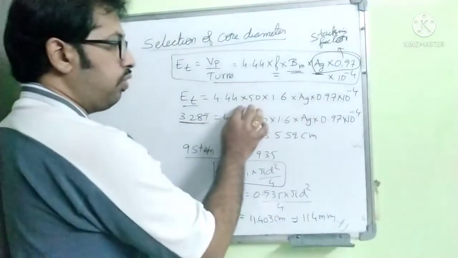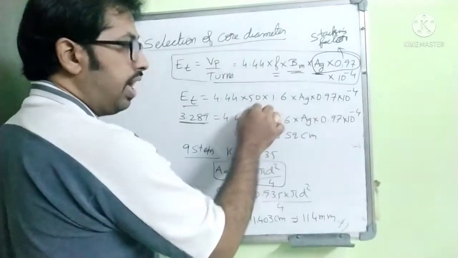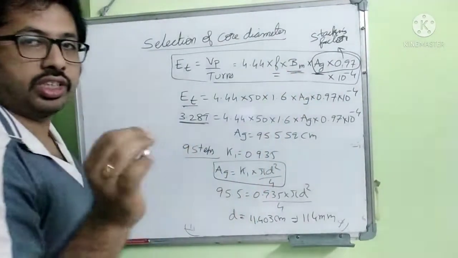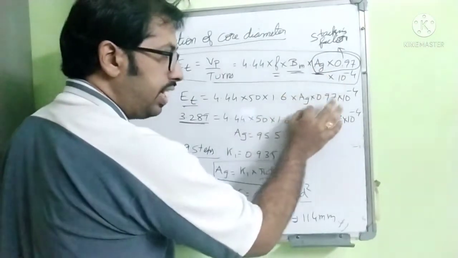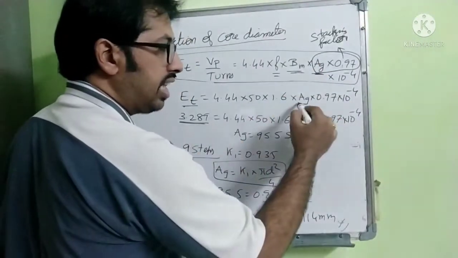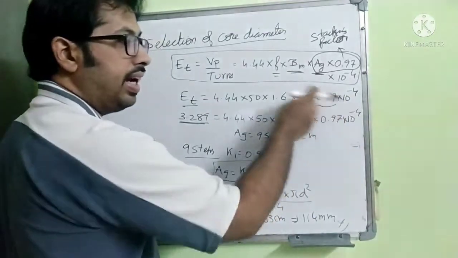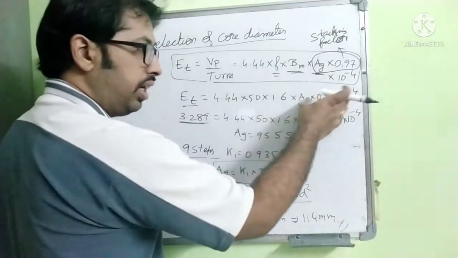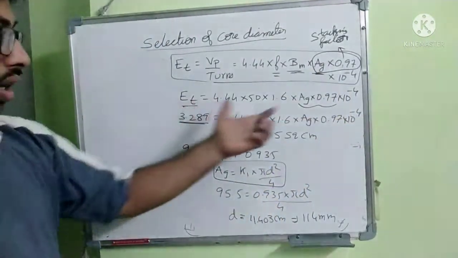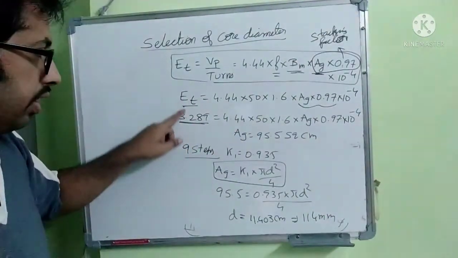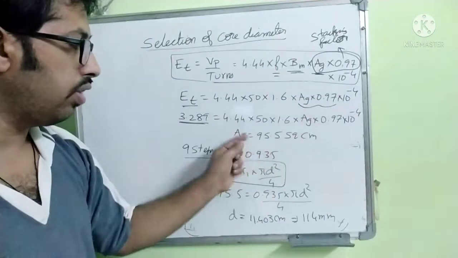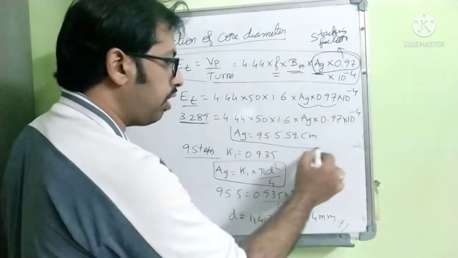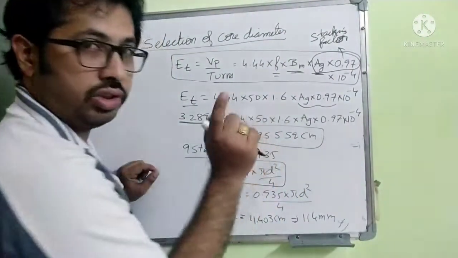So EMF per turn = 4.44 × frequency, which is 50 Hertz, × maximum flux density, which according to the specification is 1.6, × gross area × 0.927. This is the stacking factor. If you multiply, you will get the net area, × 10^-4. So if you put EMF per turn, which we already solved as 3.289, and substitute the value, we will get the gross area as 95.5 square centimeter. You should be very careful with units.